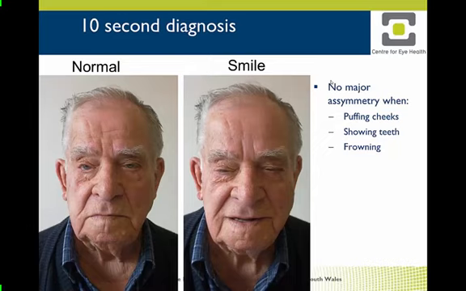So let's now have a look at this particular patient and how we can use this information to provide a tentative diagnosis and help the GP in particular to order some suitable tests. So here's a normal location. Then, in order to test the seventh cranial nerve, you can ask the patient to puff their cheeks, show their teeth, and frown, and smile here, which doesn't appear to show any major seventh cranial nerve dysfunction.